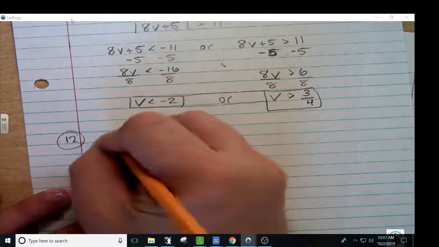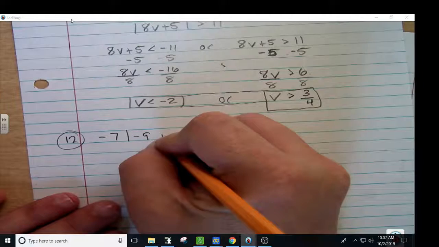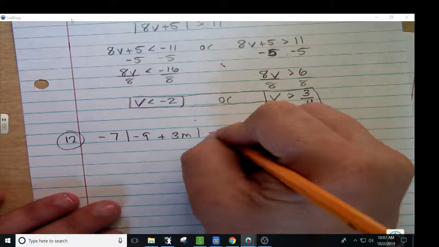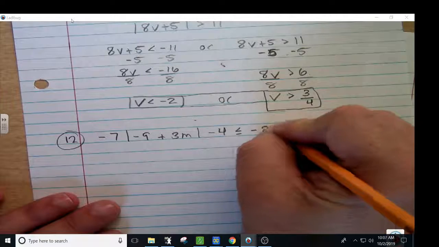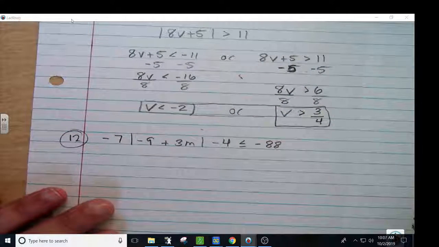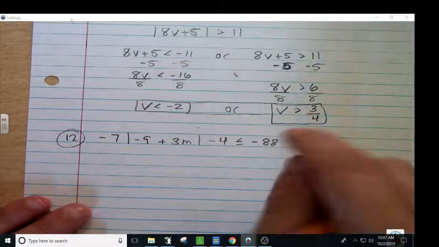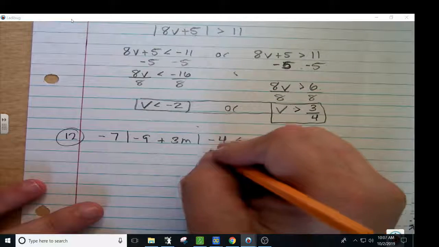So -7, -9. Well, it's not gonna be a whole lot of switching. Okay. What's the first step? You're gonna add 4 first, right? You're gonna add 4.